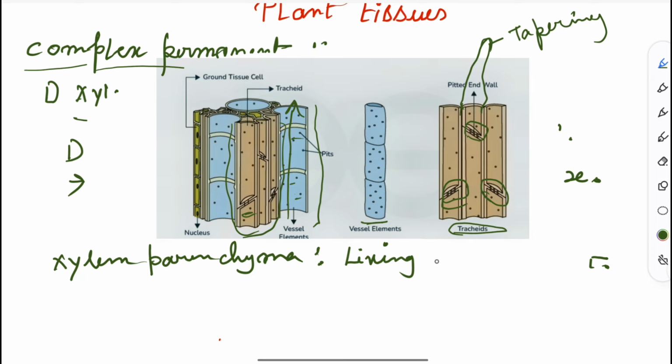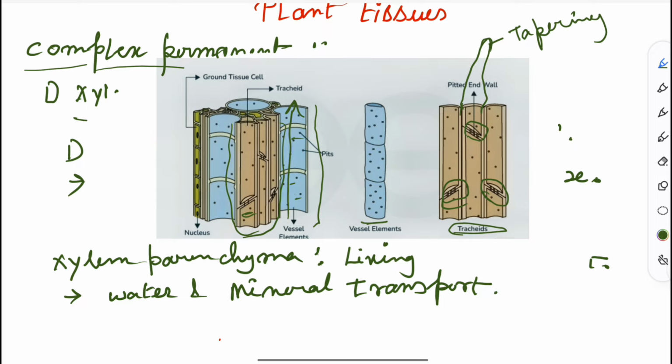Since it is living, its function is that it also helps in water and mineral transport, and it will also store food.